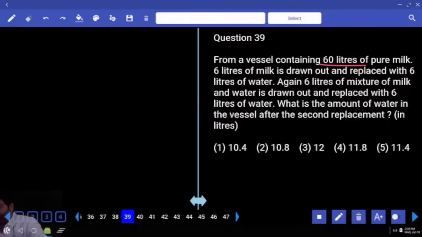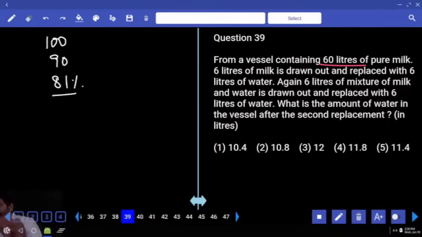Is that okay? Initially, how much percent of milk do we have? 100%. Right? If 10% is taken out, how much percent will be there? Come on. Again 10% is taken out. 81. So this will be the milk percentage after the second replacement, correct?